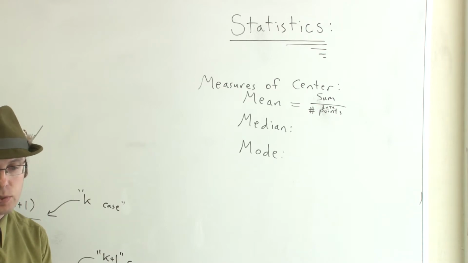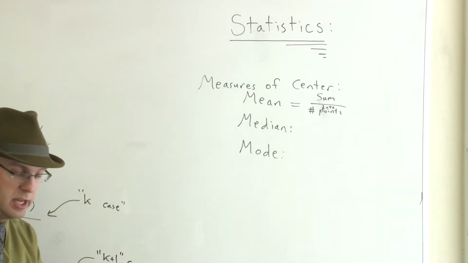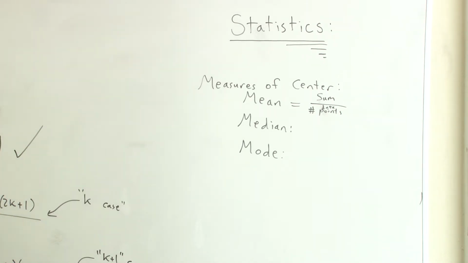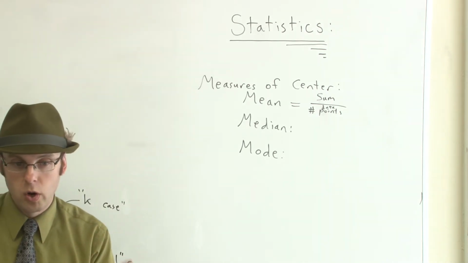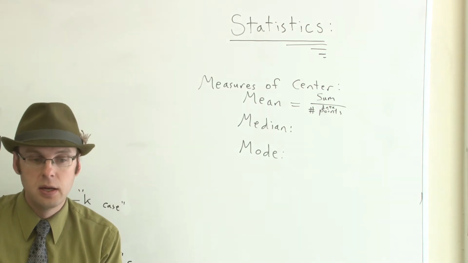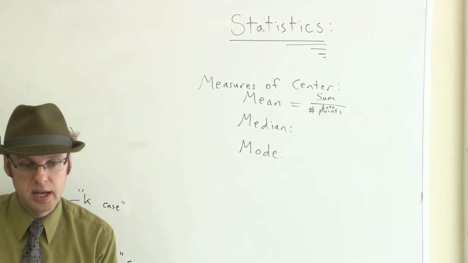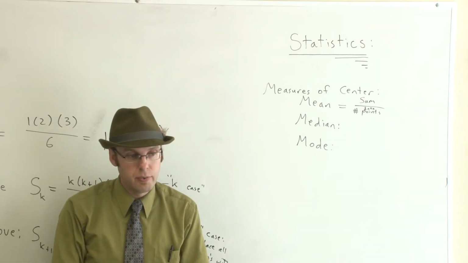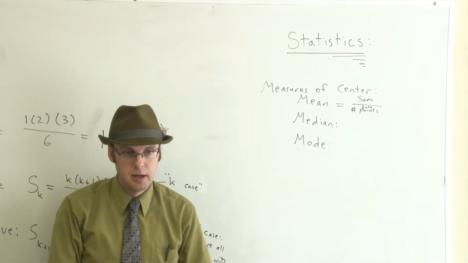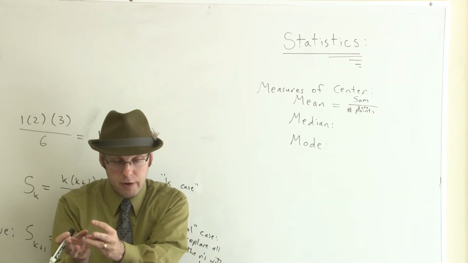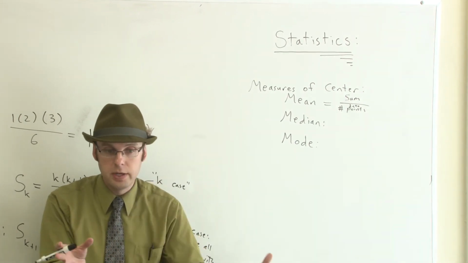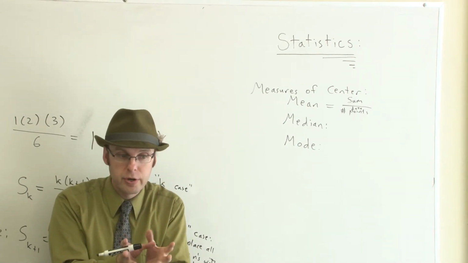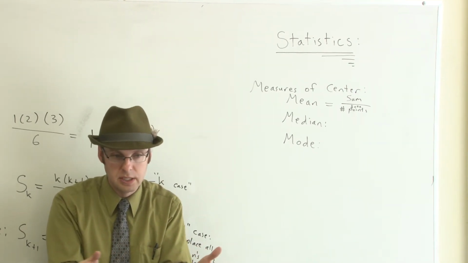So if you have a class which is all clustered up around, let's say 84%, you've got an 83 and 84 and 85 and 84 and 83 and 86 and 87, and you get one jerk who gets like a 4%, if you take the average of that set of data, it's going to be in the 60s or something, which is not a great representation of how that class did. That was an 80%, 84, 85% class and one moron, right? But it's being reported as if you've got a bunch of 60%ers in there.